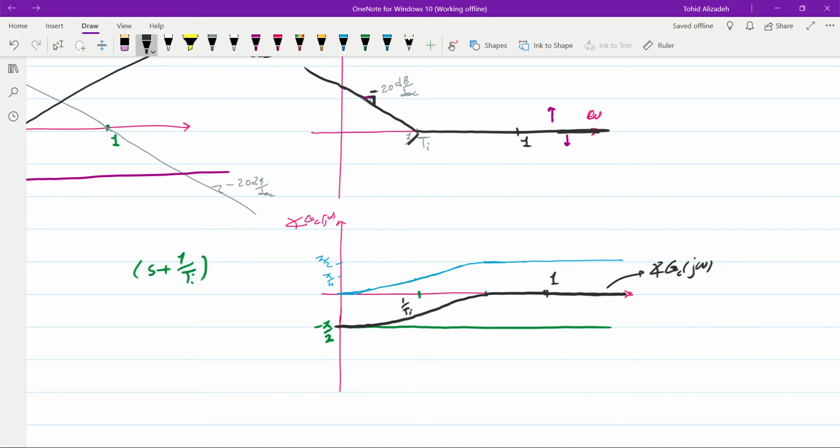For the PI controllers, the main thing would be to pick a value for the location of the 0, or 1 over Ti, the value for Ti. Usually we should pick it such that the frequency components, or the phase and amplitude characteristics that we add to our system around the crossover frequency, are equal to 0.